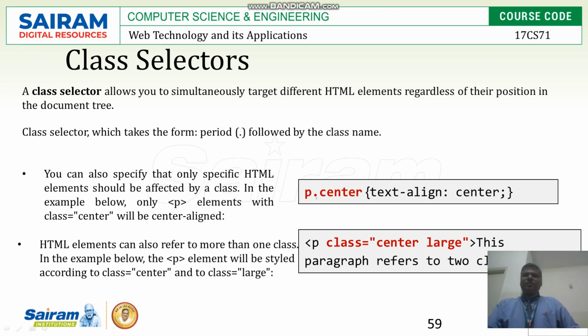Now you see there is p.center with text-align center. So wherever the paragraph is there, you can call this particular class to center the text. So how will we call it? You see here, P, the class name center, there, large. So center large is another selector.